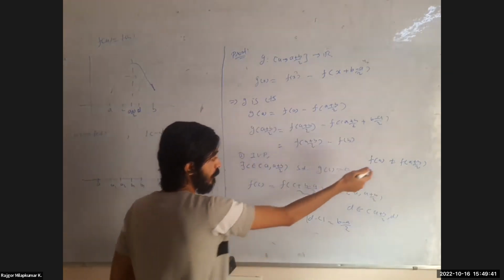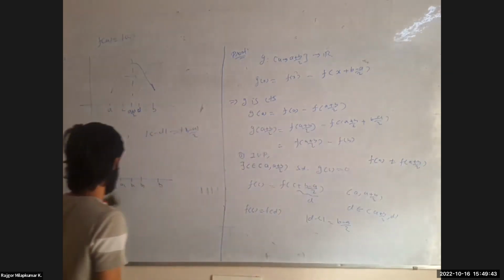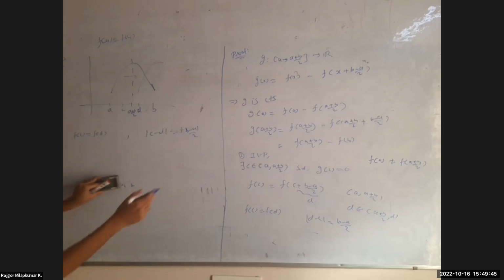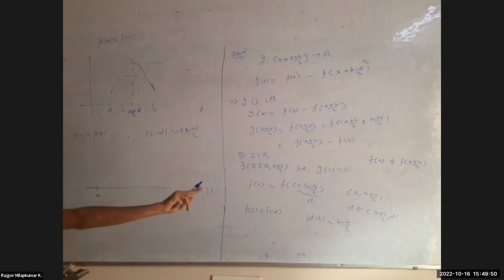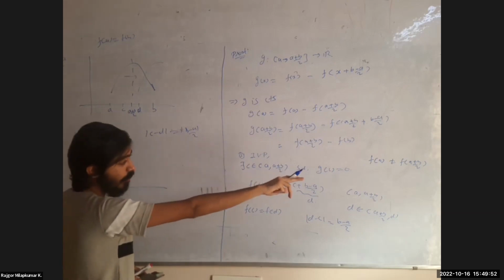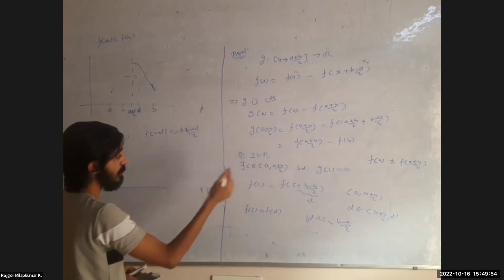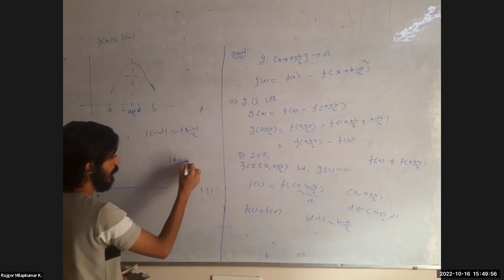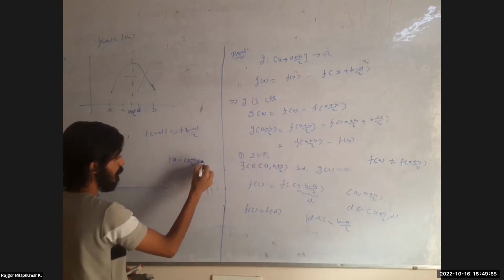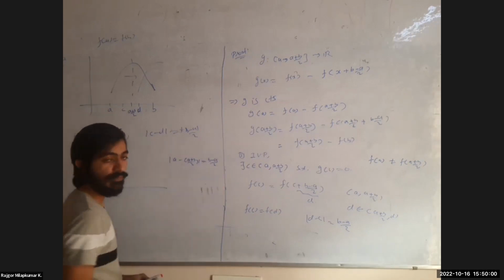Now I will come to why it is enough if I don't assume that. Suppose f of a equals f of a plus b by 2. Then already we have two points, a and a plus b by 2, such that the distance between them is b minus a by 2.